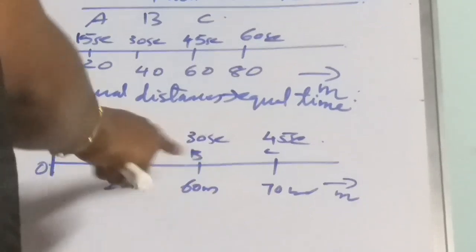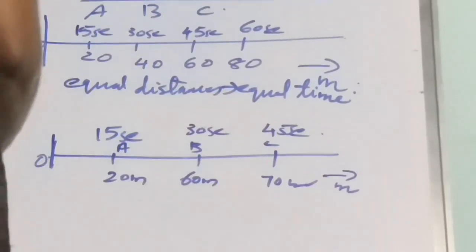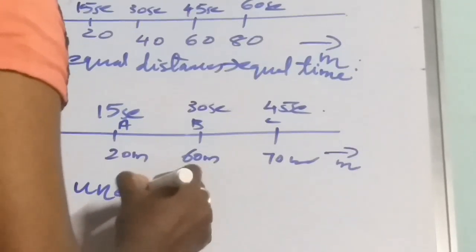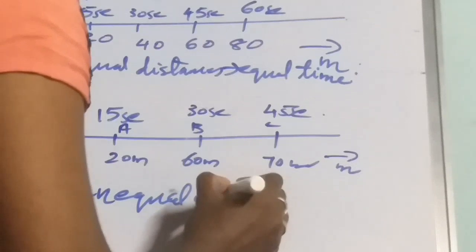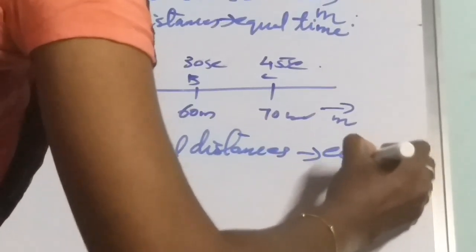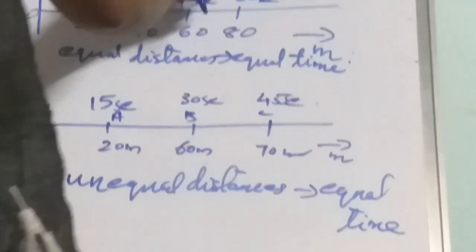Here, in each case it covers unequal distances in equal intervals of time. Such a motion is called non-uniform motion.